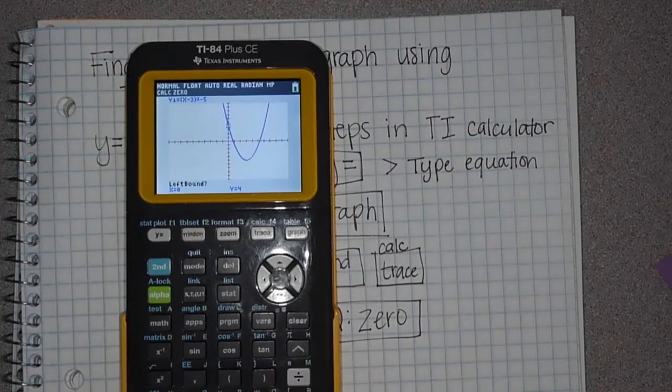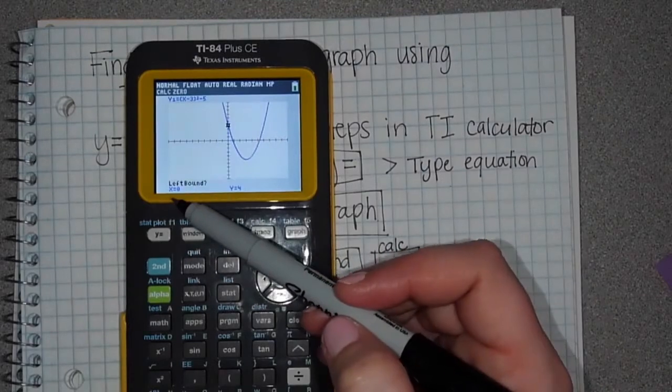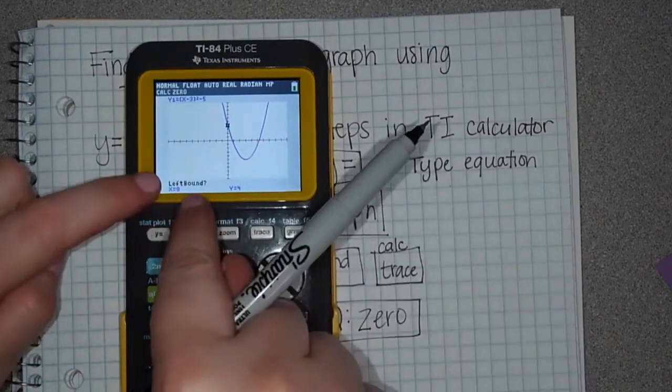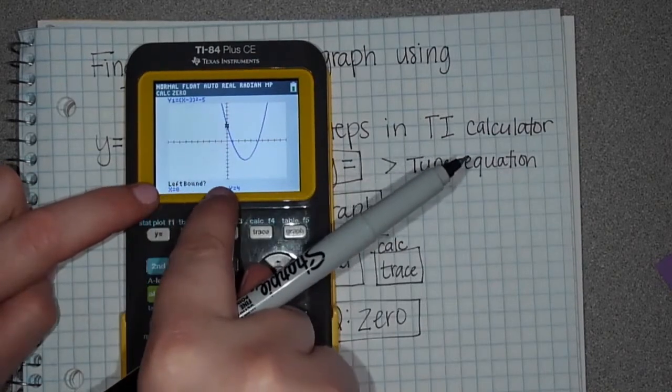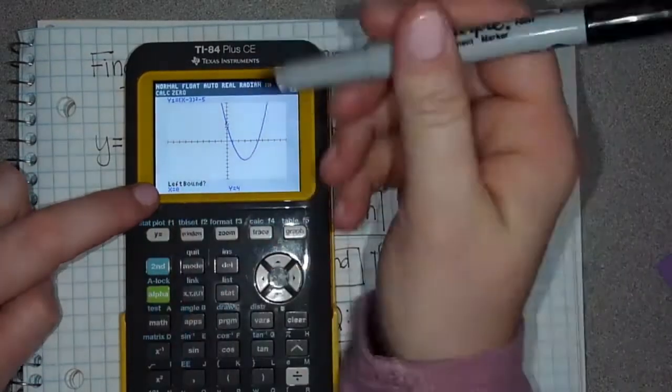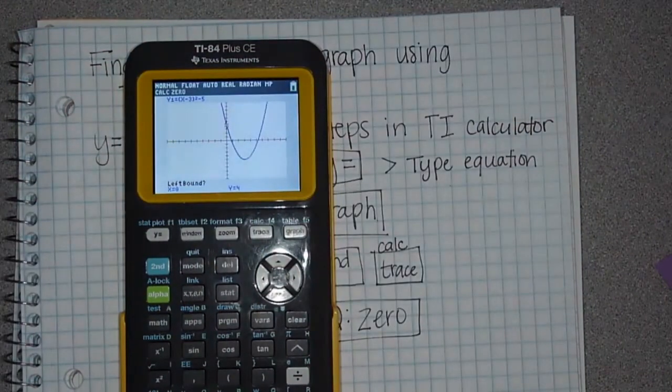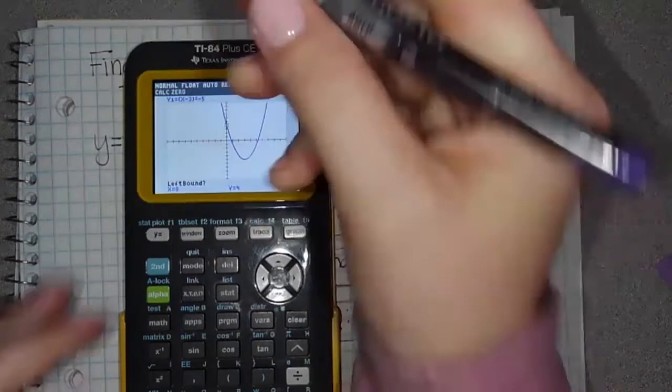Now, this is the part where people start getting messed up. They have not changed the settings in this calculator for a really long time. Do you see how it says left bound? You guys see on the bottom of the calculator screen, it should say left bound. If we're trying to find this zero right there, I did not want to mark my screen with a permanent marker.